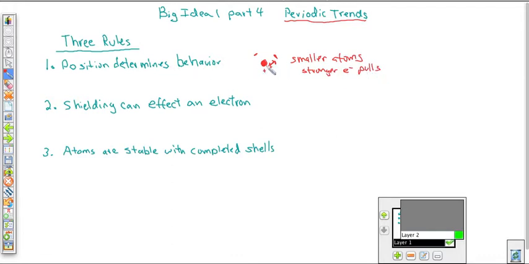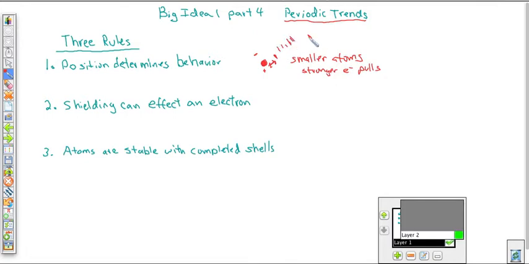The other part of position is, of course, the opposite effect, which is the further you get away, the less it's going to be attracted. So let's say that you're way out here because there's a zillion electrons in between the energy levels.